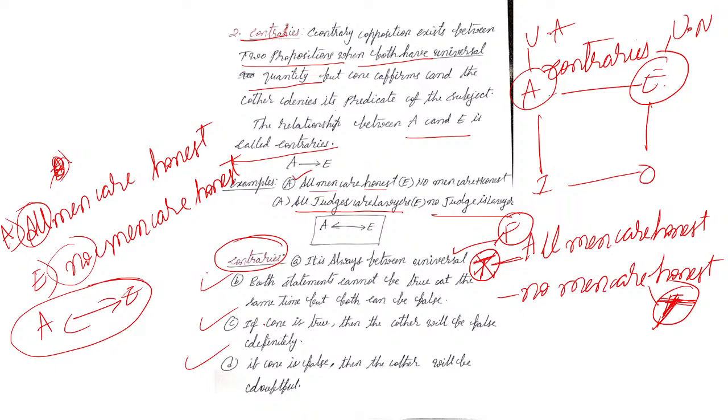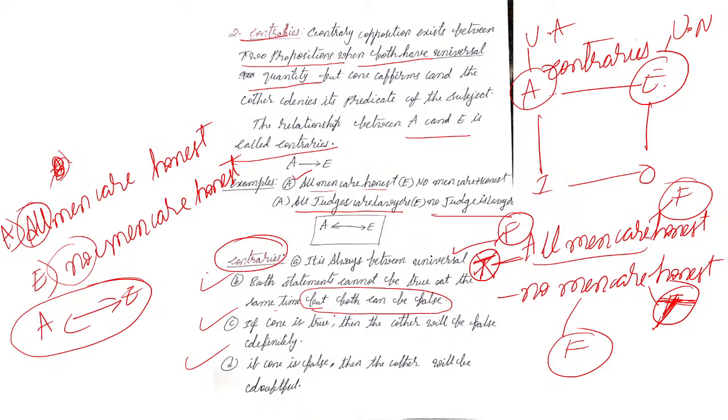Applying our general knowledge also, we can easily get a conclusion here. Both statements cannot be true at the same time, but both can be false also. Suppose all men are honest is false, and no men are honest is also maybe false.